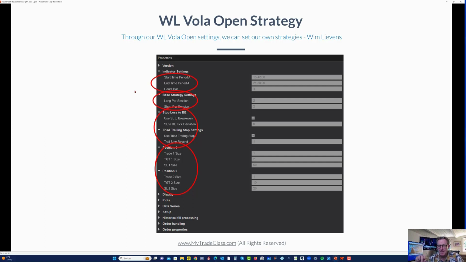It's 10 points. If I set the position target 1 size, you see here it says 2. It will take the size of the open range and multiply it by 2. So open range is 10. My first target is set at 20. The second is 10 times.